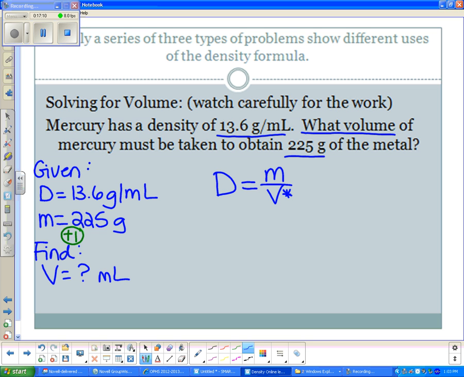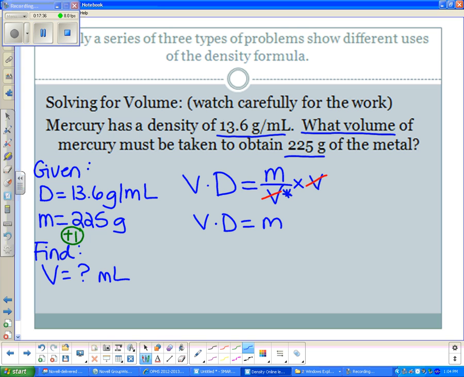The easy way to do that, multiply both sides by volume. That cancels volume over here, and now gives us volume times density equals mass. Wait a second. That's not the formula that we're looking for, but it could be a useful formula because it does allow us to solve for mass.